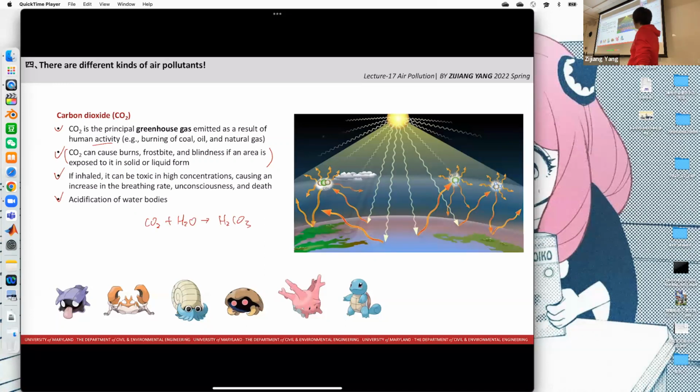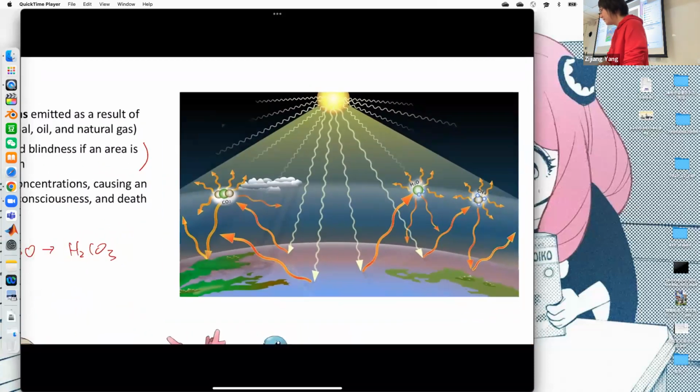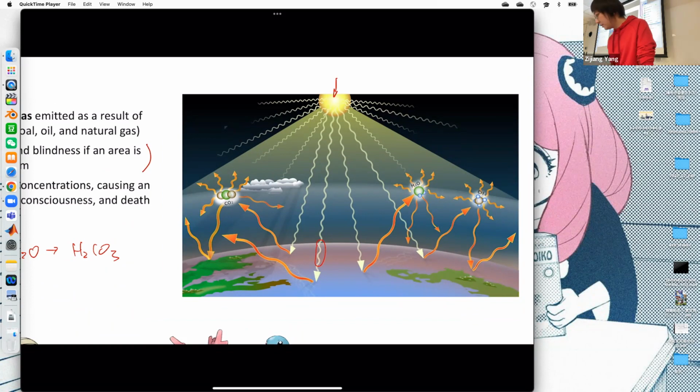And here on the right side, it shows some of the mechanisms of the greenhouse effect. Basically, we have the sun, which sends radiation to the ground of the earth. But when the ground receives that energy, it will reflect the energy out. The difference is that the incoming radiation has relatively short wavelengths, and the reflected radiation has relatively long wavelengths.